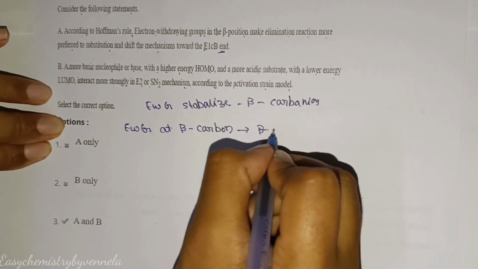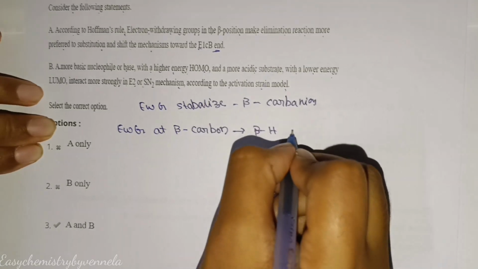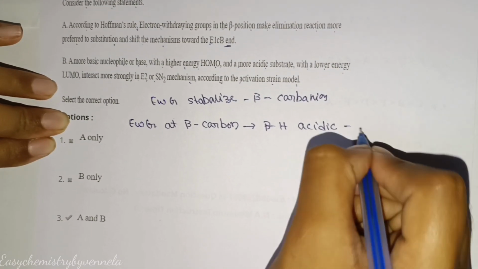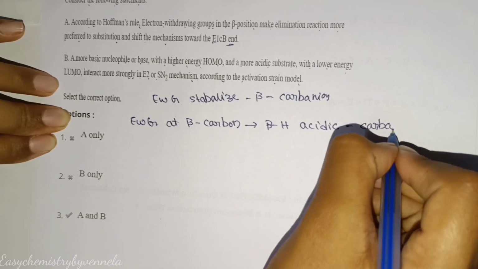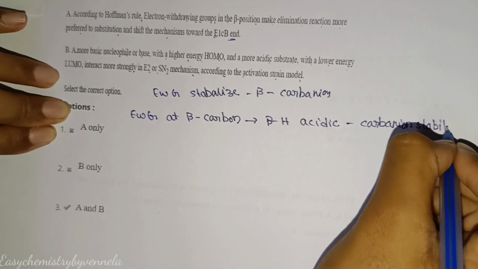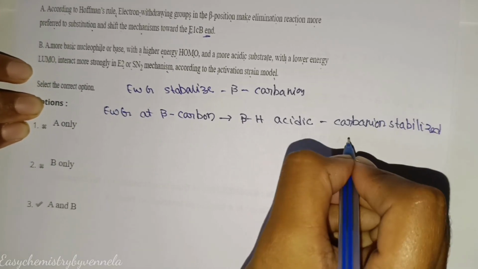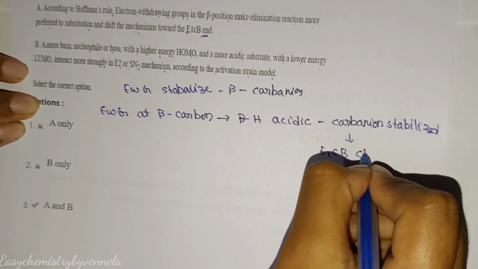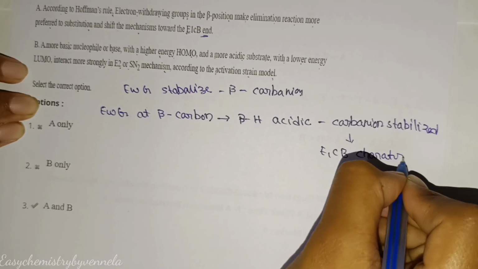Next, the beta hydrogen becomes acidic after carbanion stabilized. Next, E1cB character increases.